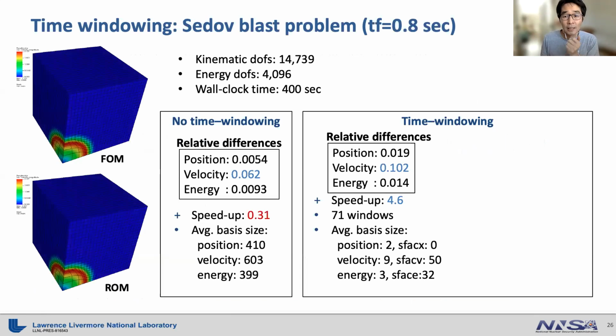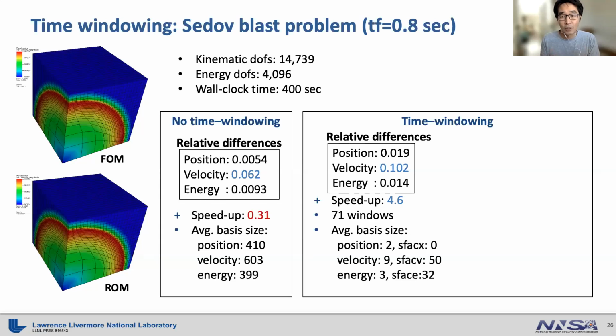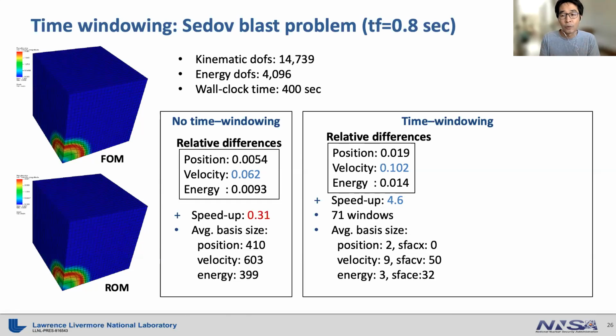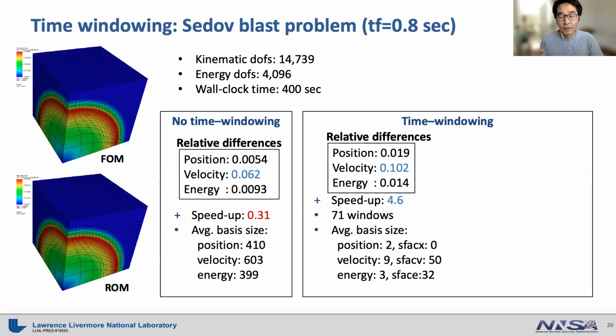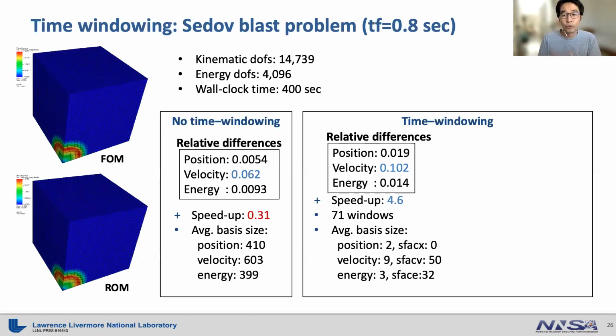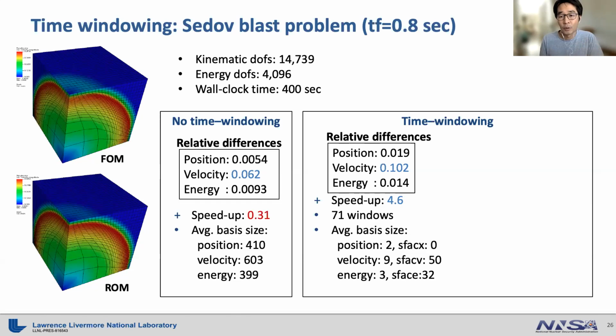And we have applied this time windowing reduced model to Lagrangian hydrodynamics. Since it is Lagrangian, your mesh is moving, so we have to introduce the position fields and also corresponding velocity fields, and there is an energy field, so three different fields you have to incorporate. We introduce the reduced basis for each field separately, and then also apply the time windowing approach for each time domain.